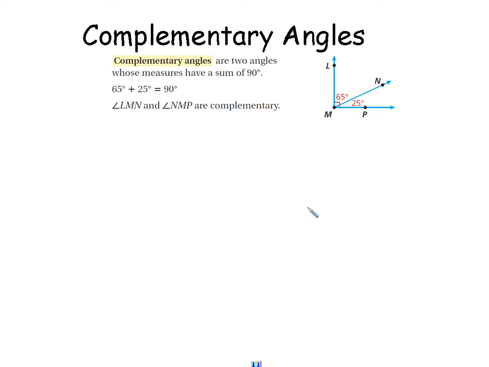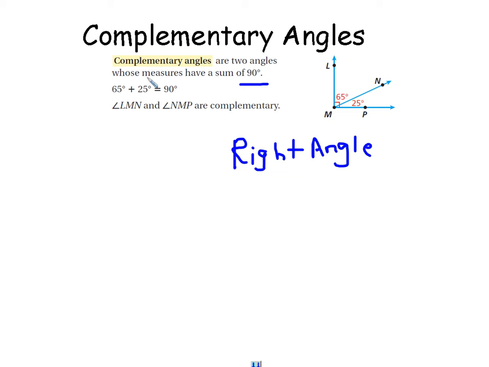And now complementary angles. They're angles whose two measures add up to 90 degrees, or a right angle. If you put the two together, they make a right angle, adding up to 90 degrees. So this is a right angle, and this angle is 65, and this one's 25. 65 plus 25 is 90 degrees.